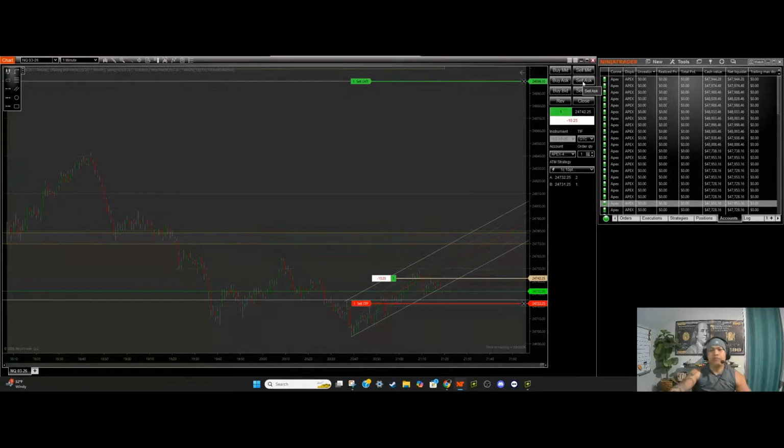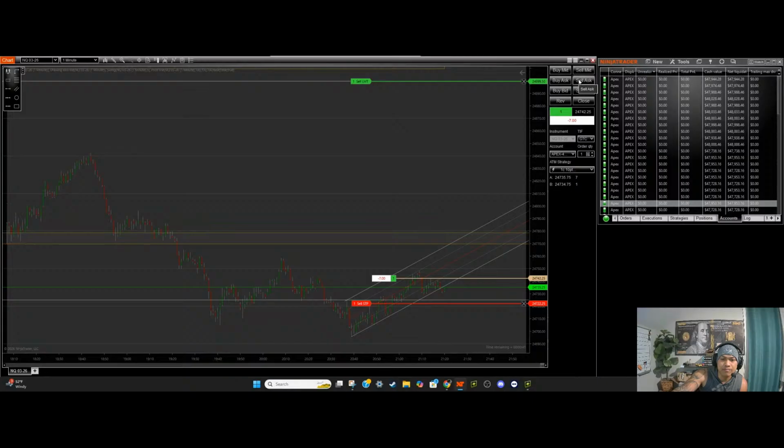And if I get out, it's going to rip. It's going to rip up like 20, 30 points if I get out. Oh, goodness. What am I going to do here? I'm not liking that.